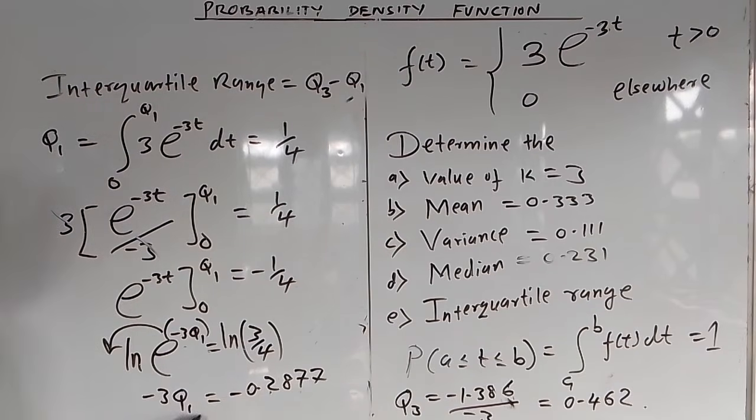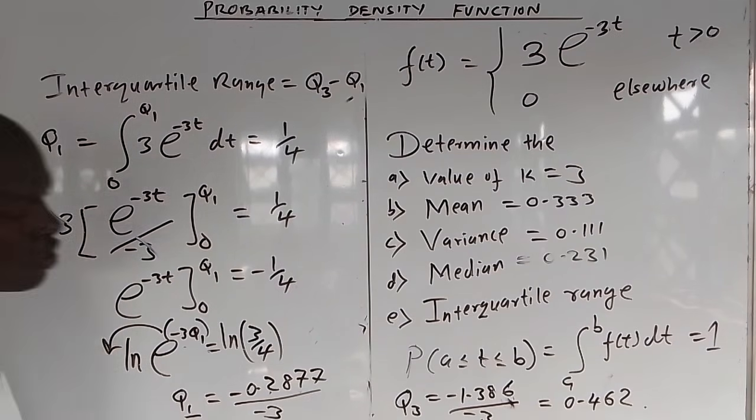Then for you to get q1, you divide both sides by negative 3. So what is q1? You divide both sides by negative 3.